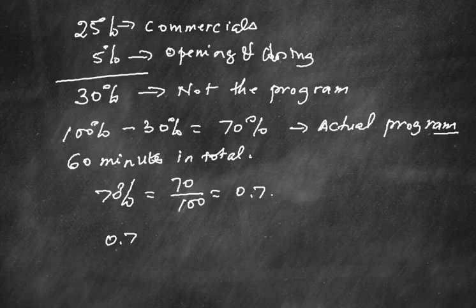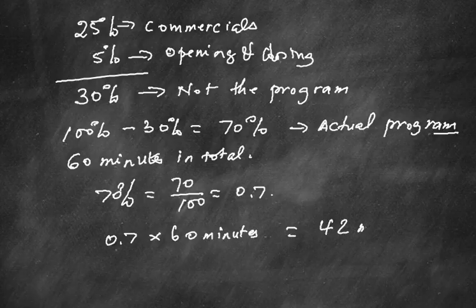So 0.7 times 60 minutes is equal to 42 minutes. So the answer is 42 minutes on this one, okay?